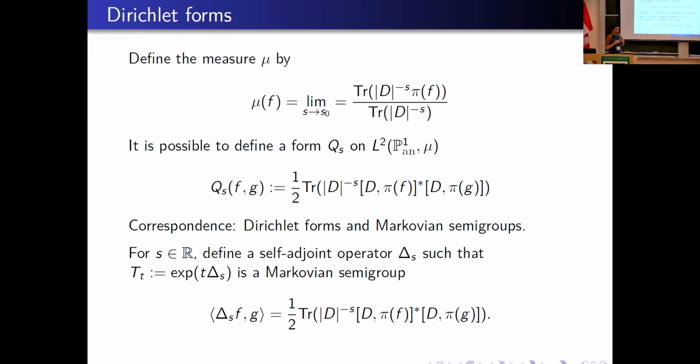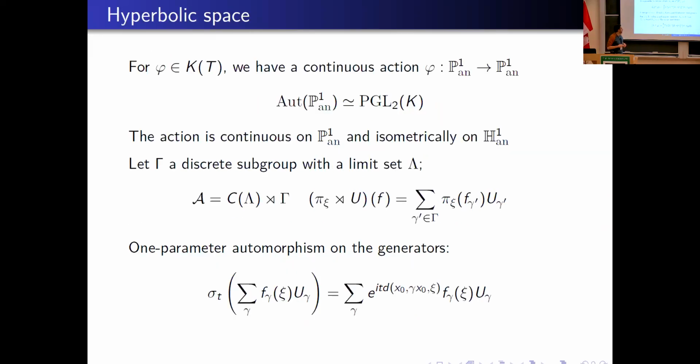In fact, if you want to get interesting arithmetic properties of your space, what you need to do is change the algebra you're working on. You need to work on a non-commutative one. And how to see that? Well, you have rational maps acting on this Berkovich space. The set of automorphisms of the Berkovich line is given by PGL2. If you take a discrete subgroup of PGL2, you can construct a semi-direct product between the continuous functions and this subgroup with the usual contravariant representation.